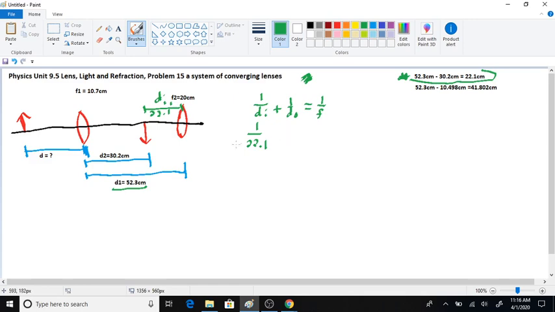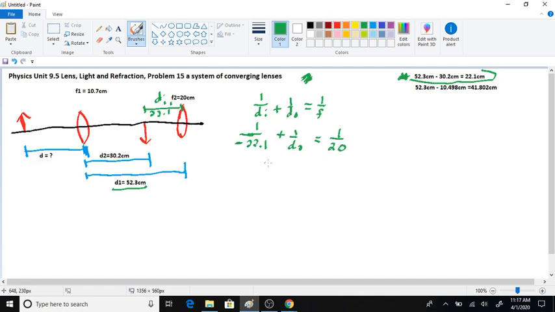The image for the first element will be here, and if the second image is right here on the same side as the lens, you know the real light's on the other side, so this has to be negative. If you check your sign conventions in your packet, you could easily see this. So this actually has a negative sign here. You've got to be mindful of that negative sign. And then we have plus 1 over do equals 1 over 20.